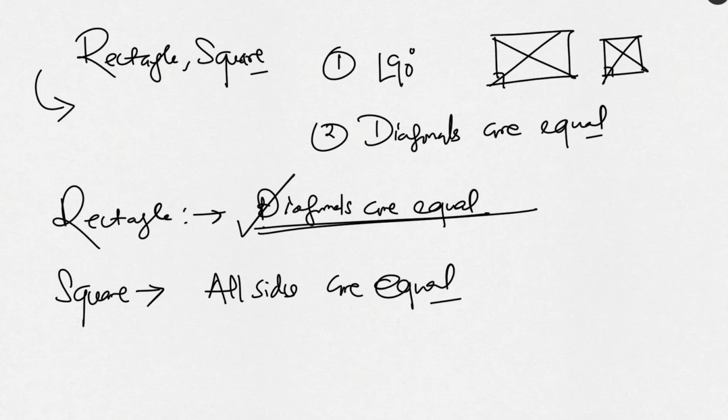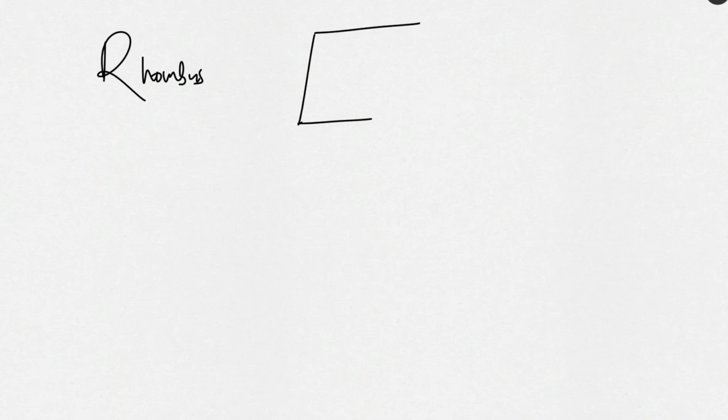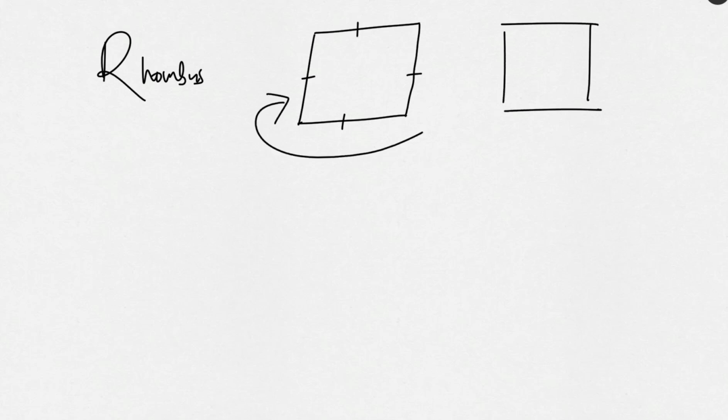All right, let's move to rhombus. A rhombus is also a parallelogram where all sides are equal. This is just the tilted version of a square, right? If you just tilt it, it becomes a rhombus. The first point is all sides are equal.